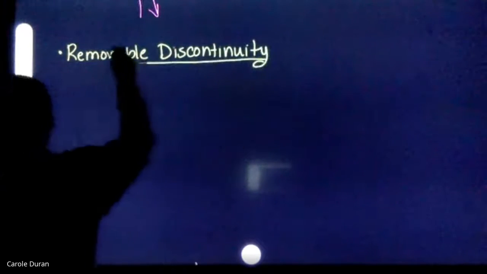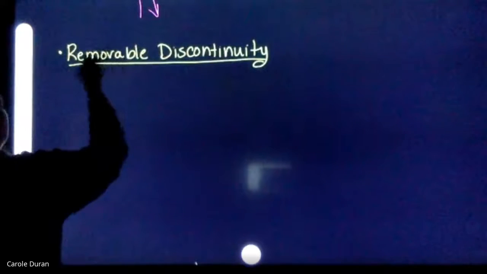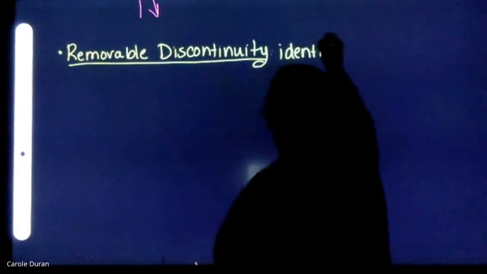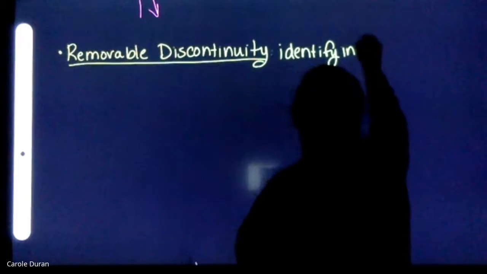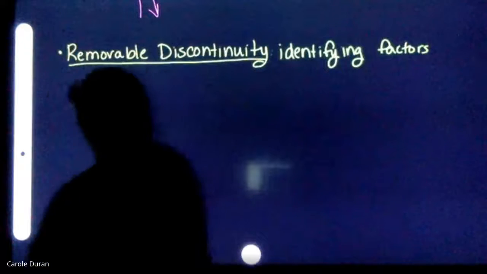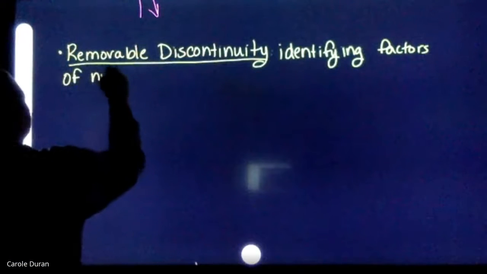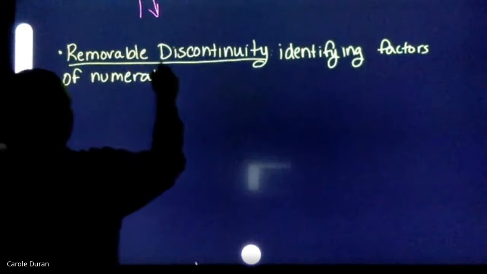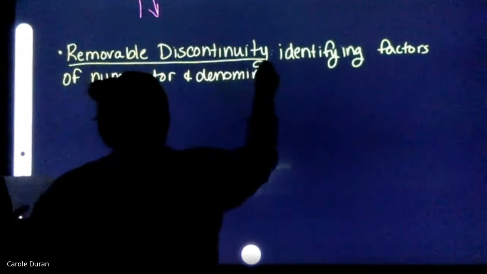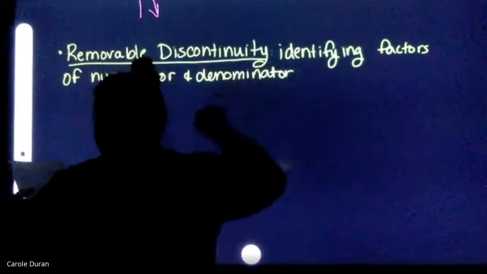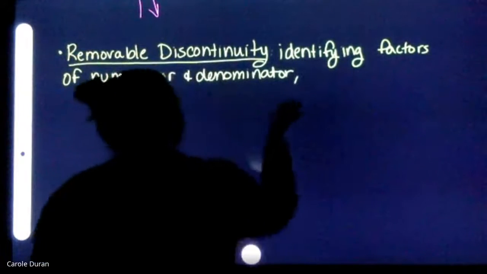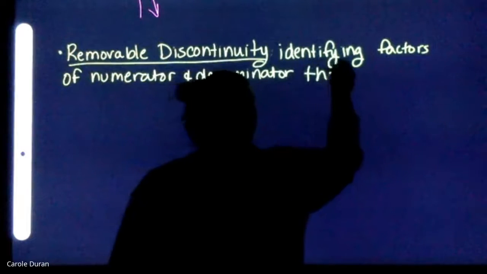A removable discontinuity is found by identifying the factors of our numerator and the factors of our denominator that are the same.